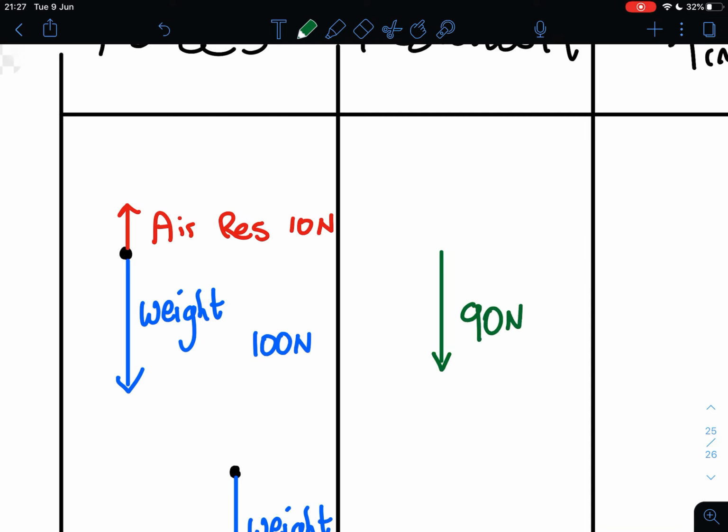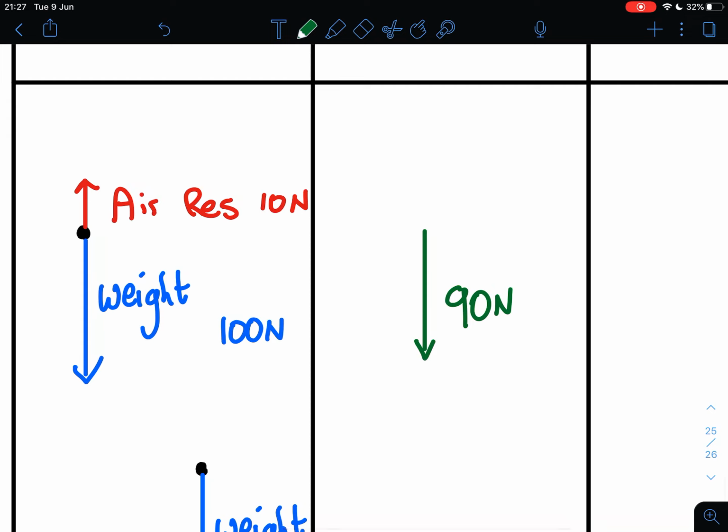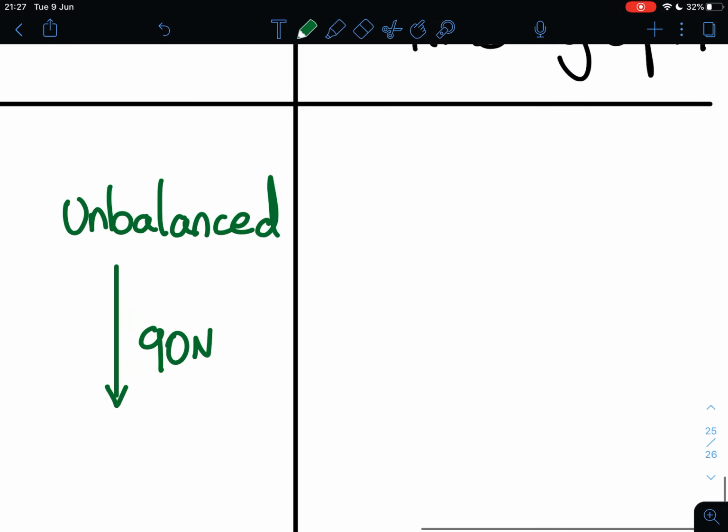From lesson 4, if one force is bigger than the other, we use the phrase unbalanced. So it's an unbalanced resultant force. Now, if we have a force acting on a mass, we get an acceleration. F equals ma, Newton's second law.